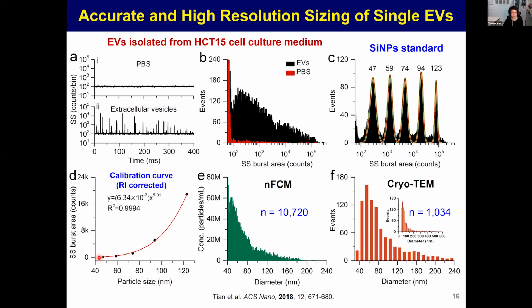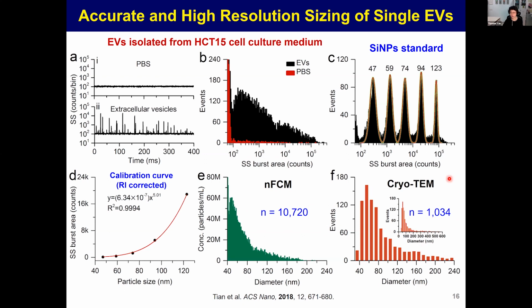So with this calibration curve, we can convert the brightness of each individual EV particle to the size. So here, you can see this is a particle size distribution for the EVs. Meanwhile, for the same sample, we did the cryo-TEM measurement. We took 80 TEM graphs and counted more than 1,000 particles to get this distribution.